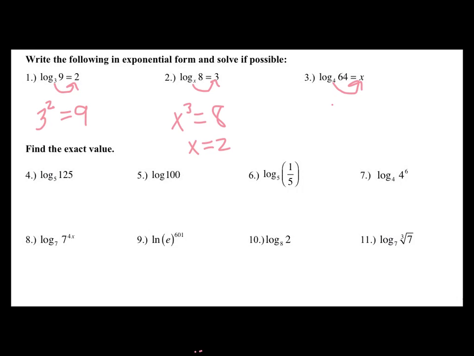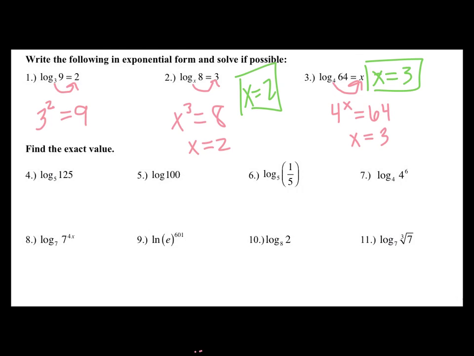The 4 comes over. 4 to what power equals 64? 4 cubed. You just solved for an exponent. So I don't care if you guys write the whole expression or you just tell me what the expression is equal to. All I'm checking for is that you understand what's going on in the problem.